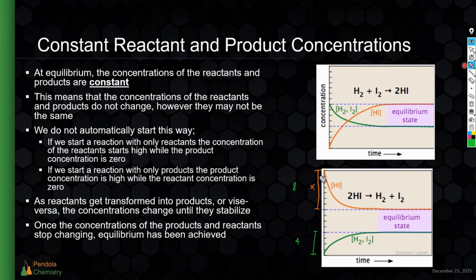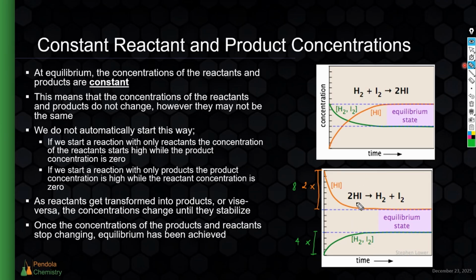So you'll notice how this change would be better set to be 2x, and this change is x. So the HI concentration changes by twice as much as the X concentration, or the H2 and I2 concentration.